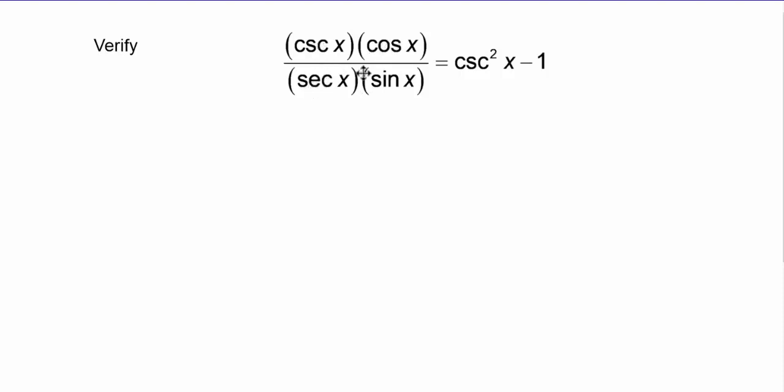And I know 1 over secant is cosine, so 1 over secant, which is cosine, times cosine is cosine squared. And cosecant is 1 over sine, so now I have a sine on the bottom, and sine times sine is sine squared. And that's cotangent squared, which we know is cosecant squared minus 1.